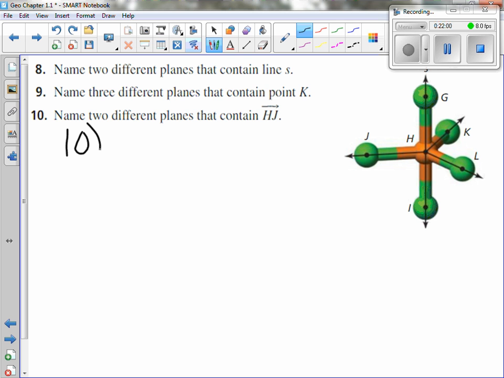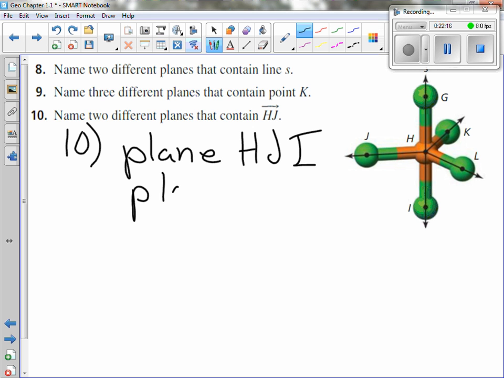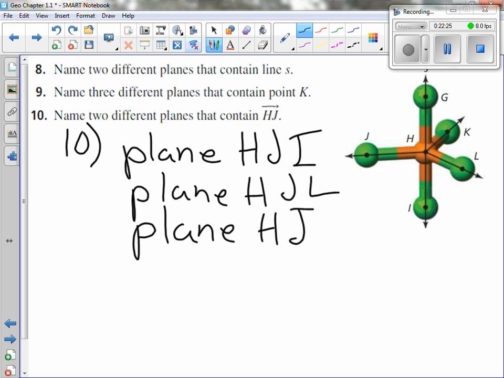Last one, number 10. So we want a plane that contains ray HJ. HJI, yes. HJK.